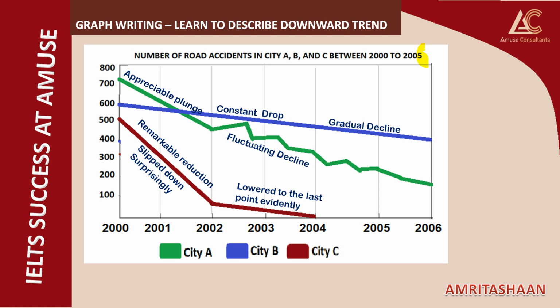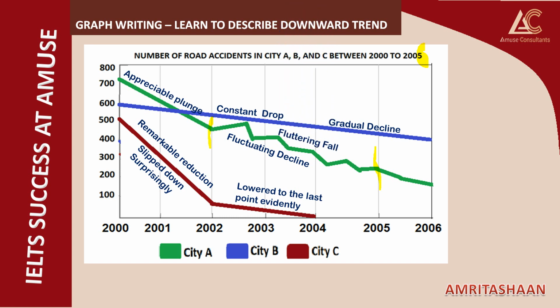This is another good word that you need to learn. If you see that between 2002 to 2005, the line is going up and down. There is a fluctuation between 400 and 500. So you can describe this trend by saying that there was a fluctuating decline in the number of accidents in city A between 2002 to 2005.